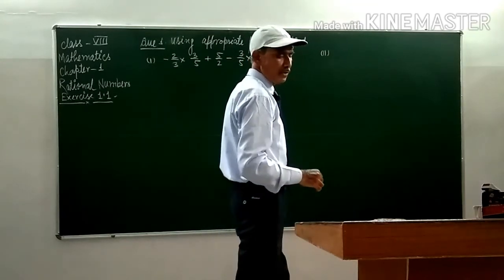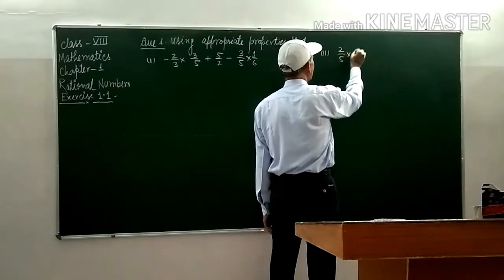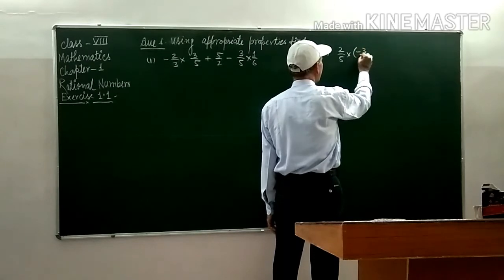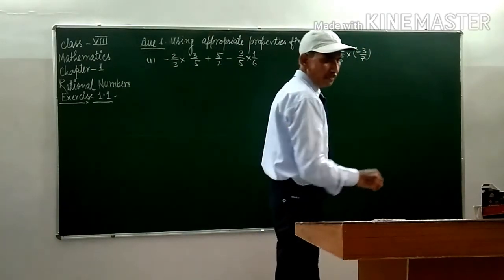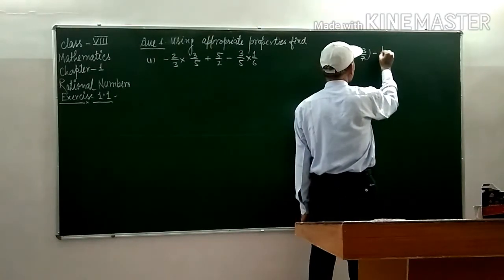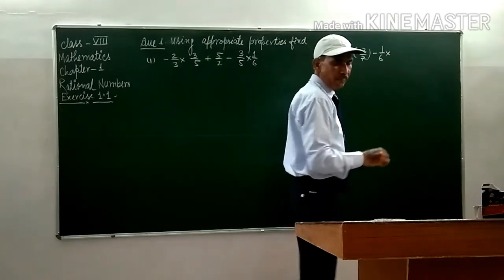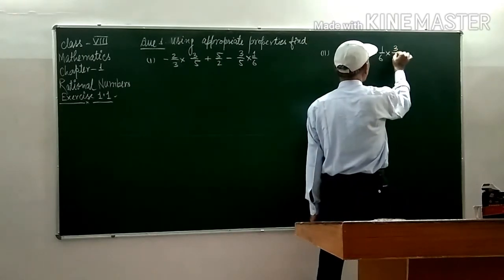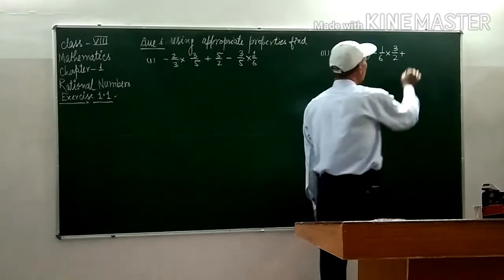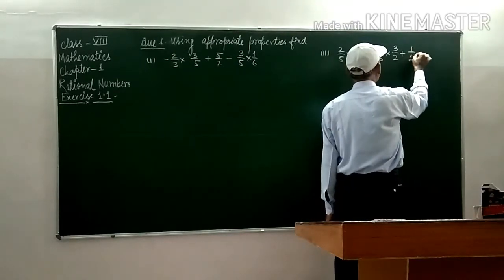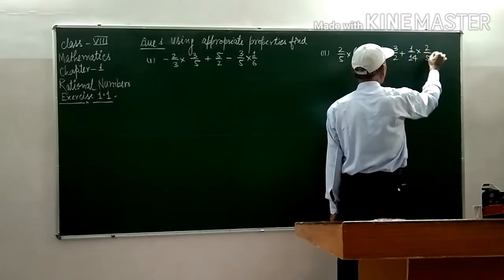And the second question is 2 by 5 into minus 3 by 7 minus 1 by 6 into 3 by 2 plus 1 by 14 into 2 by 5.